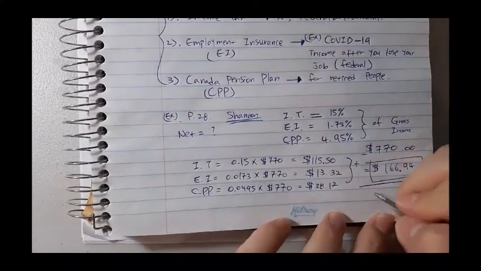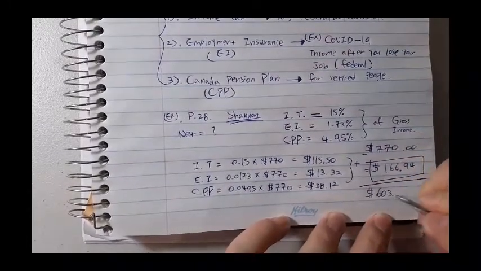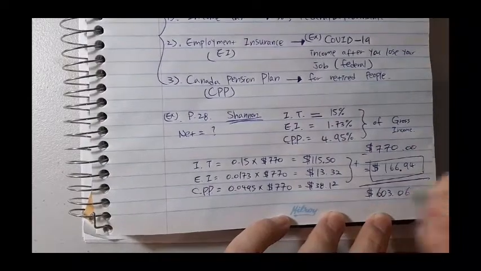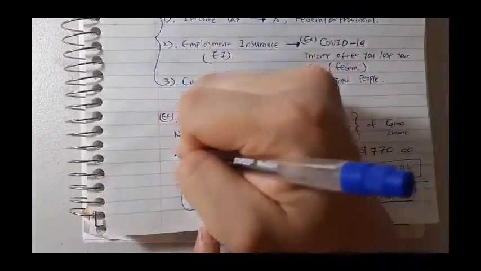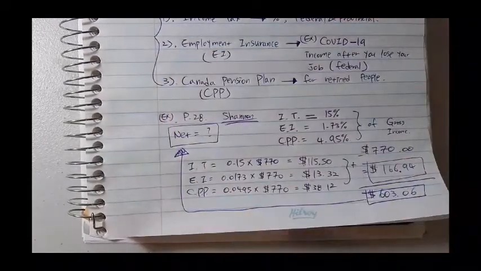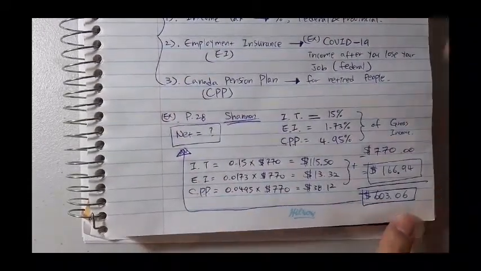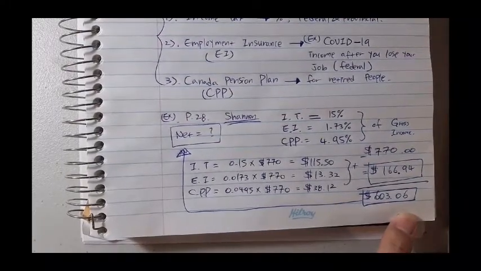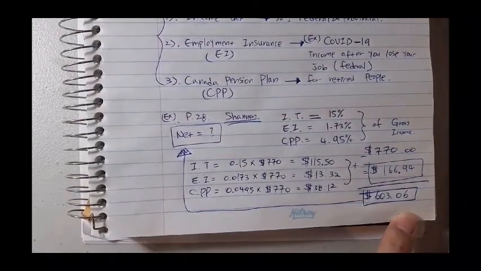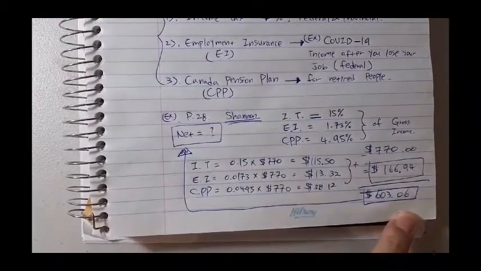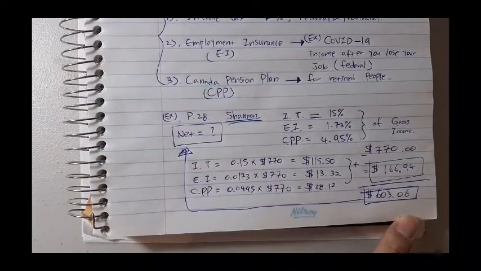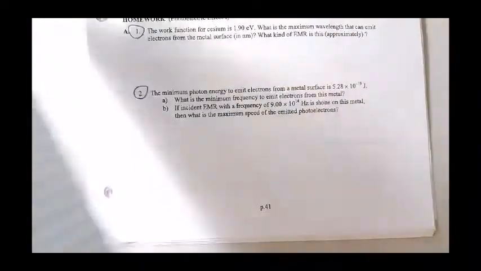You will have $603.06 as Shannon's net income. As you may notice, there are several different types of deduction. We are talking about some kind of tax and federal level benefit, or a mandatory tax if you will, if you're working in Canada.